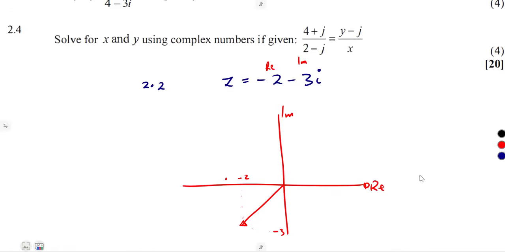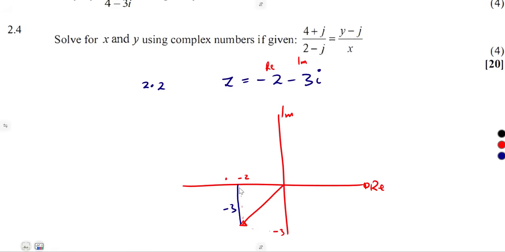So this is what I'm trying to say, guys. If you are to have the final answer, also take this in rectangular form, have it on the Argand diagram, understand what is happening here. This is our -2, the distance in the imaginary -3. So this is also the distance that we have this side, which is what? -3.